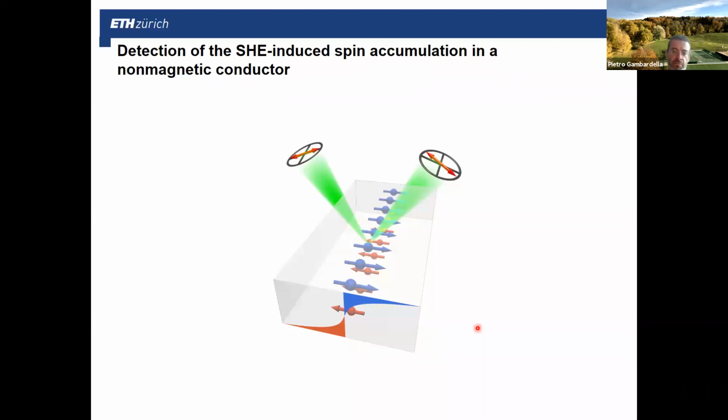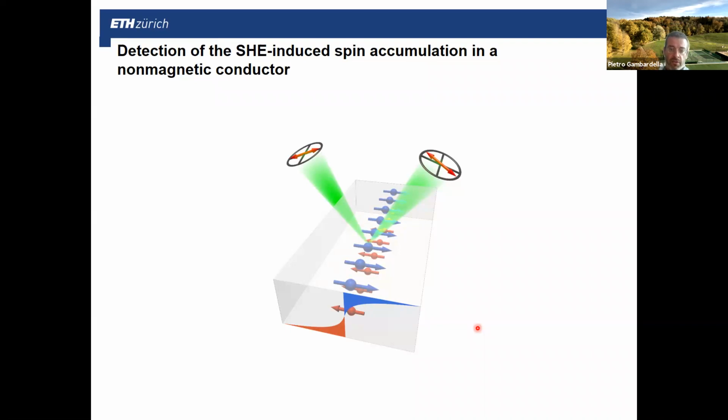So the spin Hall effect was first measured in 2004 by the group of Awschalom and the group of Jungwirth in semiconductor materials. And typically, magneto-optical techniques have been used to measure the spin accumulation in these materials. Right?